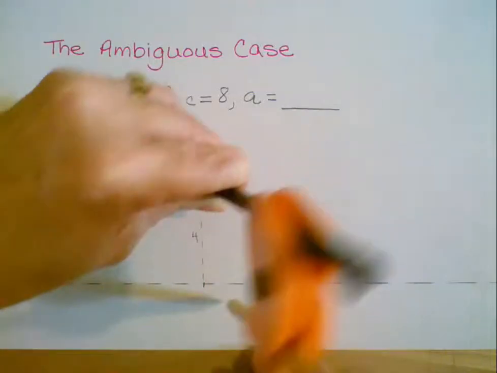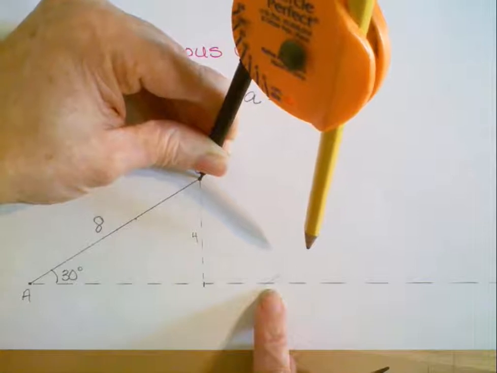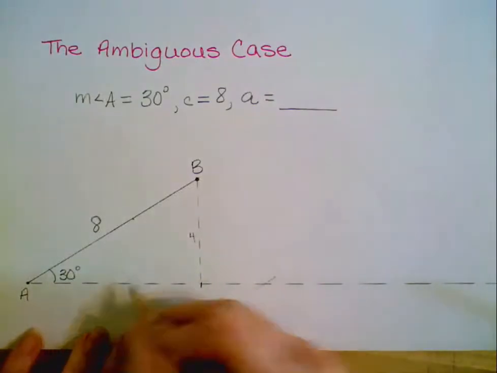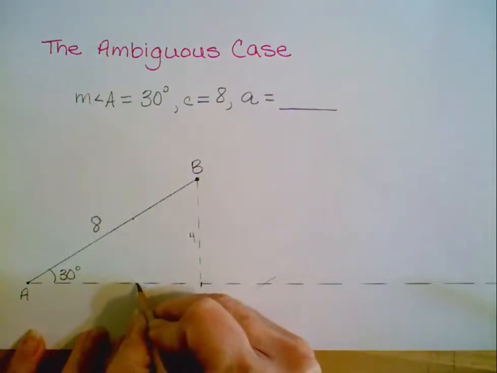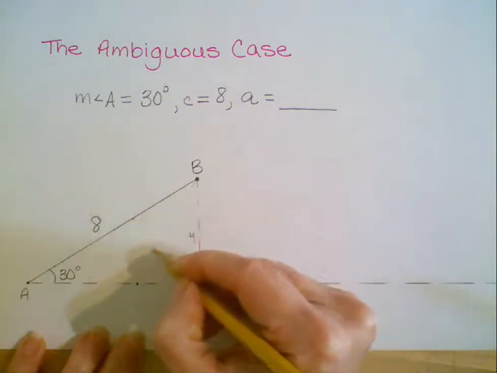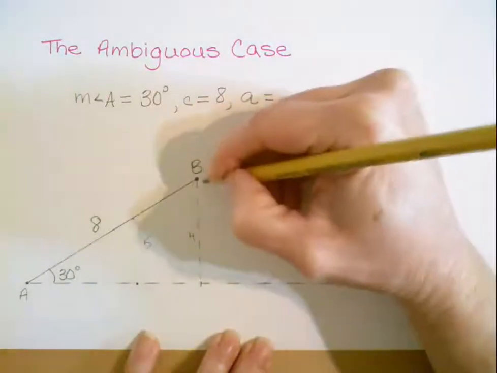The problem is, there's also an intersection point over here, which means when side A has a length of 5 units, then I have 2 possible locations. I have one location here, so that this length is 5 units long, and I have another location here.